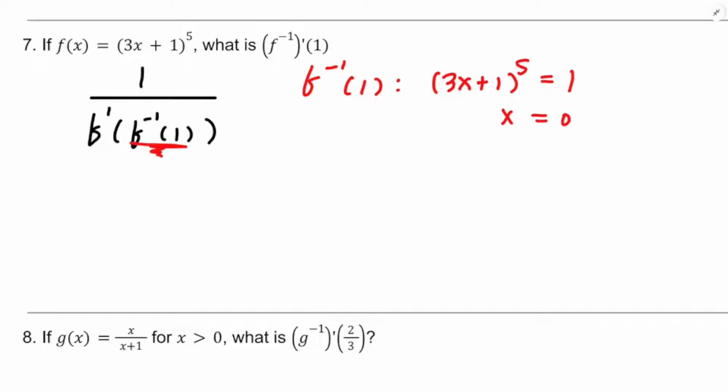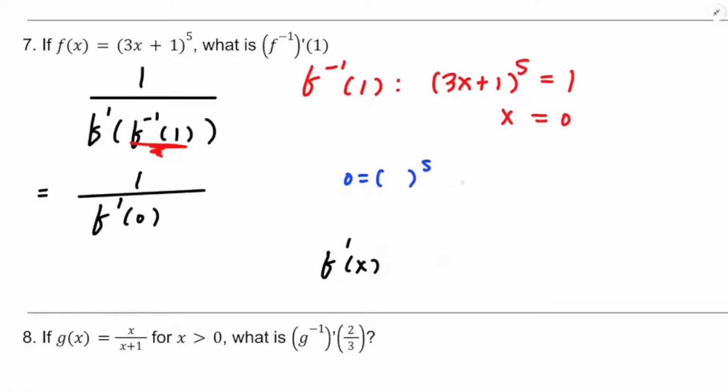All right, so this is going to be 1 over f prime of 0. I'm going to take f prime of x. Now this is a situation where I'm giving a little bit of extra work. Off to the side, I've got my outside is the thing to the 5th, and the inside is 3x plus 1. And I'm going to multiply outside prime by inside prime.